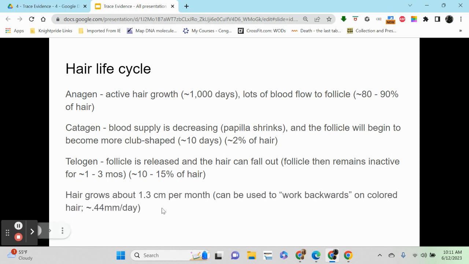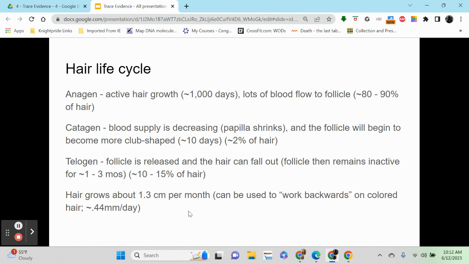Right. So we know that hairs on average for most individuals are going to grow about 1.3 centimeters per month, or about 0.44 millimeters per day. So again, that's what it ends up rounding out to be in general. All right.